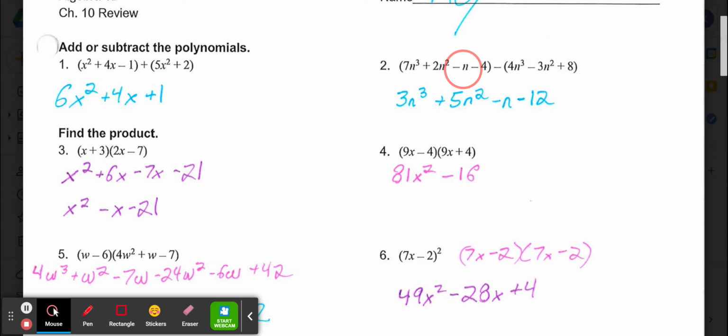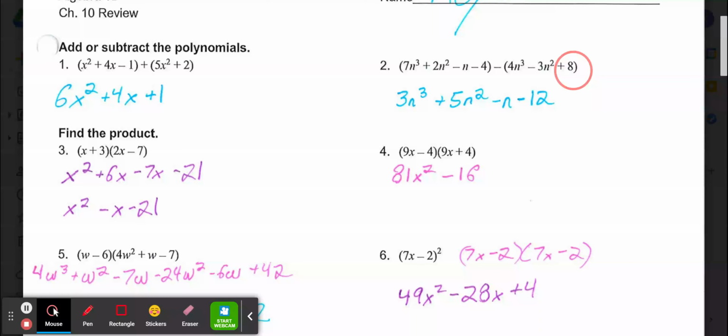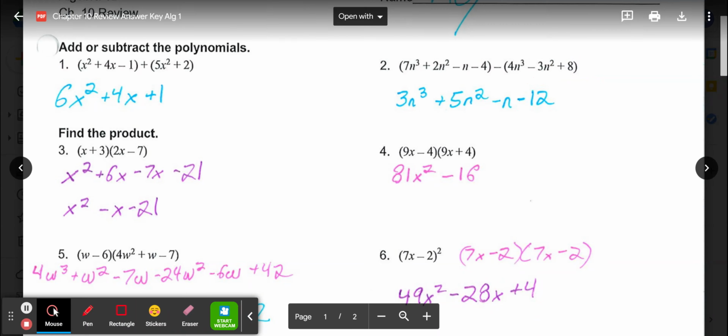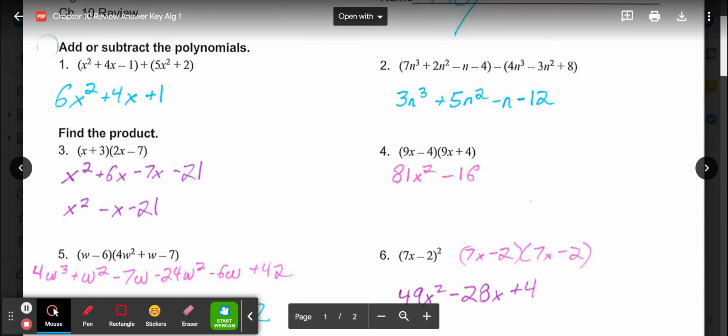The negative n has nothing to combine with, so we bring that down as minus n. And a negative 4 minus 8 more would give us a negative 12 at the end. So our final answer would be 3n to the third plus 5n squared minus n minus 12.